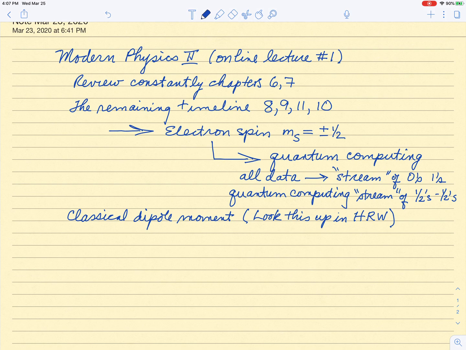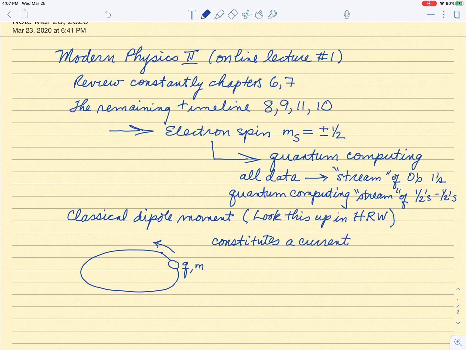So anyway, if we remember, and may not remember completely, but if we look at some charged object of charge Q, mass M, which is moving around in a circular path, this charge actually moving around constitutes a current.